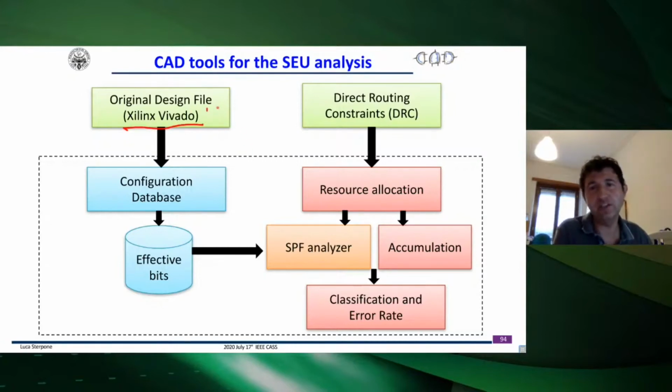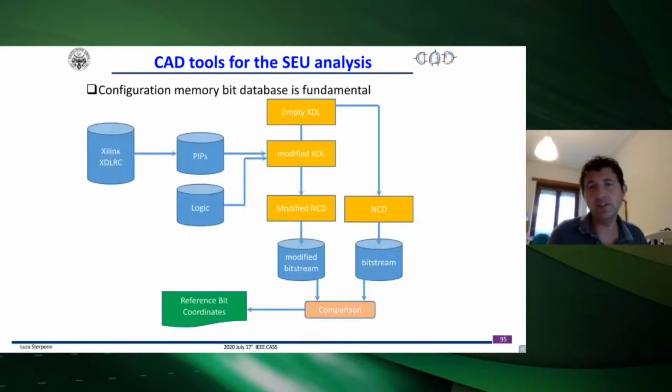Vivado and also Vitis from Xilinx are today tools that make an abstraction of the implementation in order to have a sequence that is implemented on the FPGA. But we want to obtain a classification and an error rate. Let's remember since the beginning that the result we want to obtain is to understand how many errors we will see in our application.